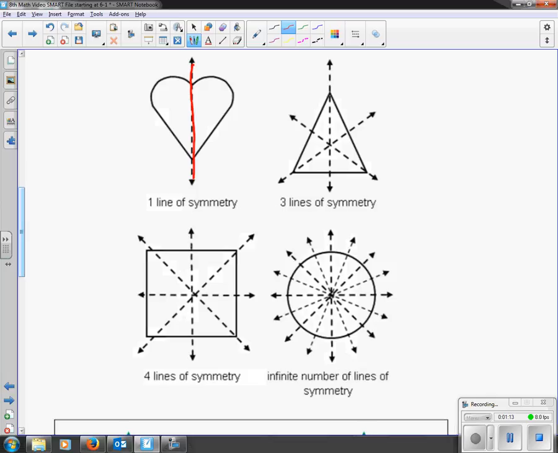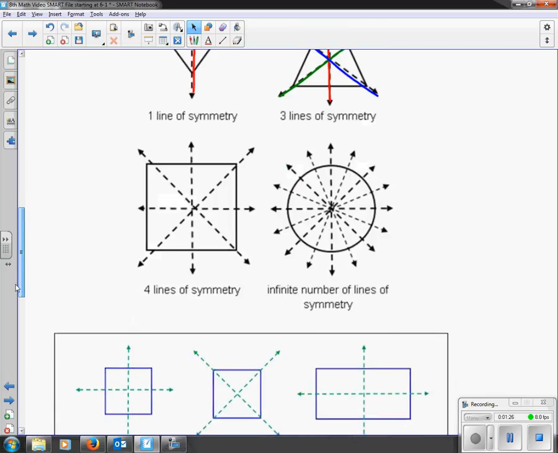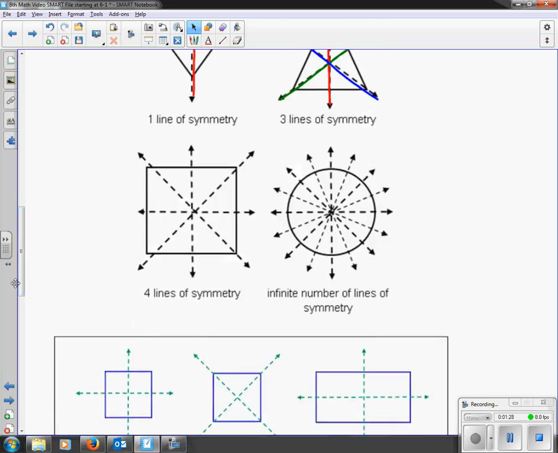This triangle has three lines of symmetry: one here, and one here, and each of them, as you fold it, will match the other side. That's when you know it's a line of symmetry. A square has four lines of symmetry: one here, one here, and then the diagonals as well.